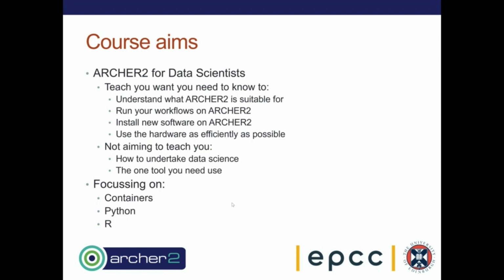So what we're trying to teach you is what ARCHER2 is suitable for, how you can run your particular workflows on ARCHER2, so how you can run your software, get your data on, get your data off, how you can install new software as is required on ARCHER2, and then using the hardware as efficiently as possible. So you can get jobs up and running, but are you running them in the correct way?